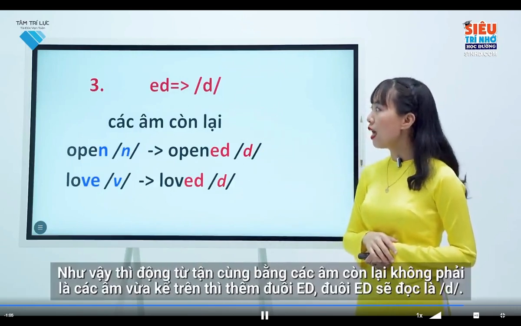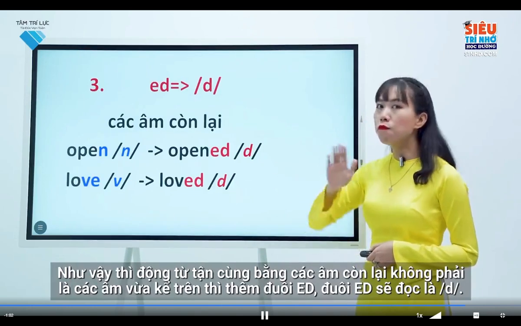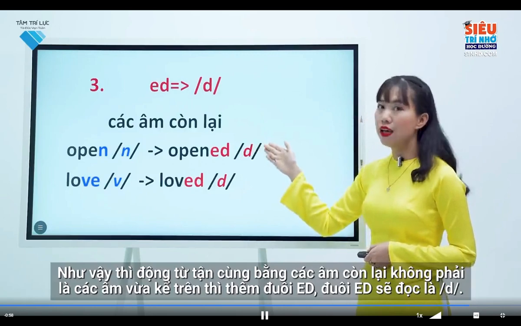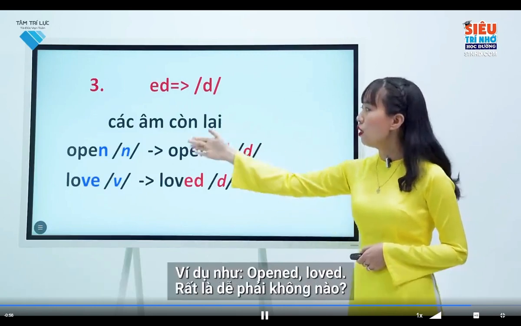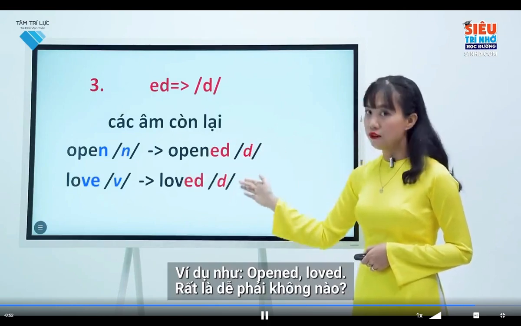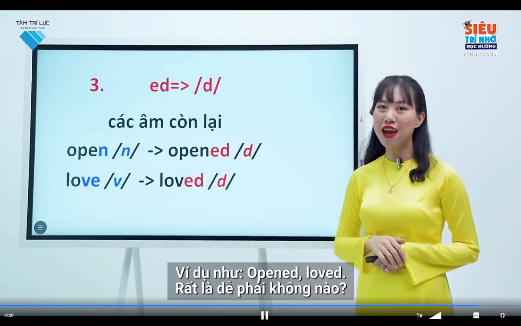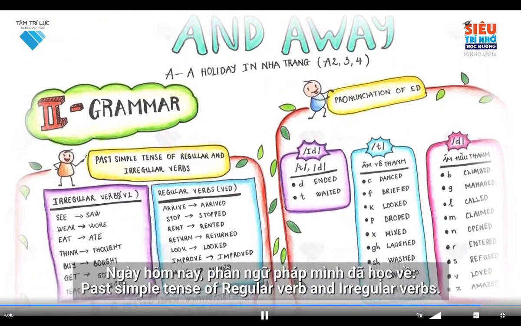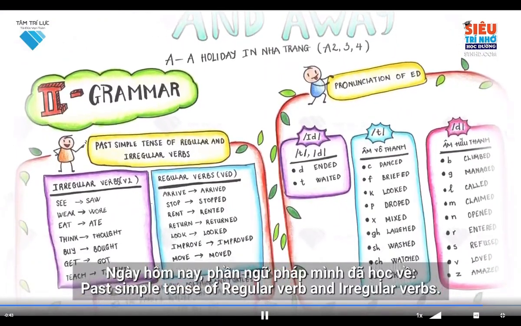Thus, for verbs ending in the remaining sounds, not the ones mentioned above, add the ed ending and it will be pronounced as d. For example, opened, loved. Very easy, isn't it?